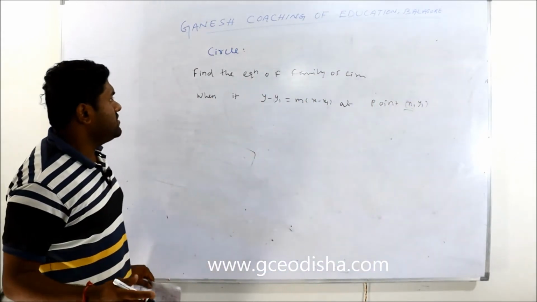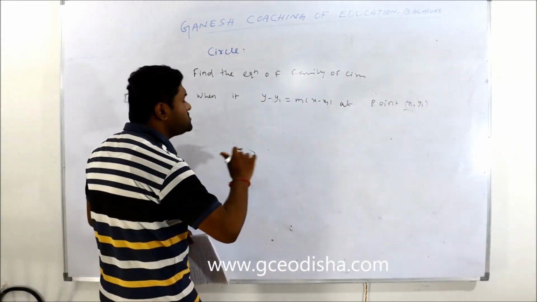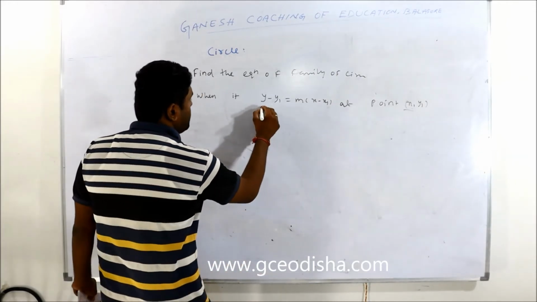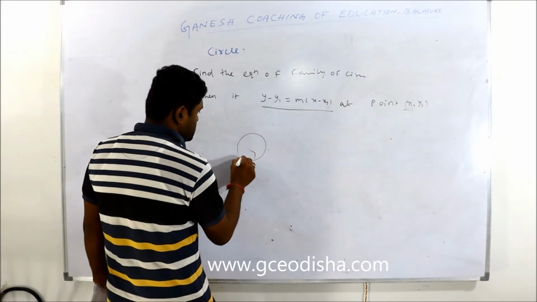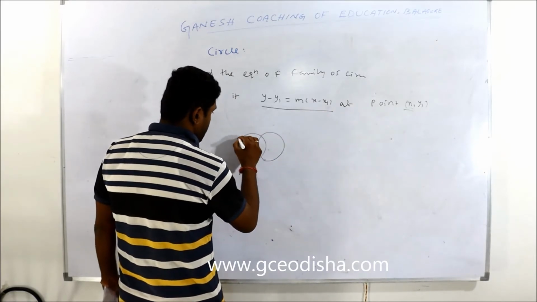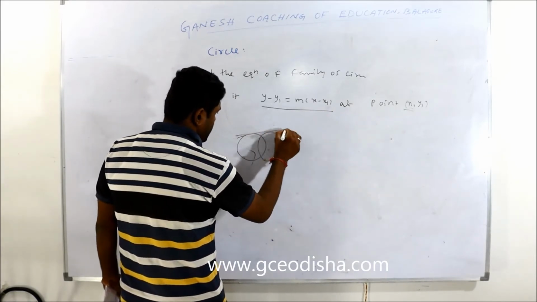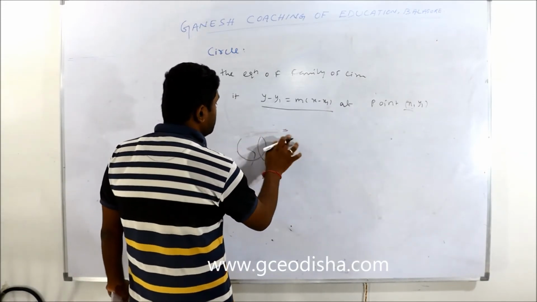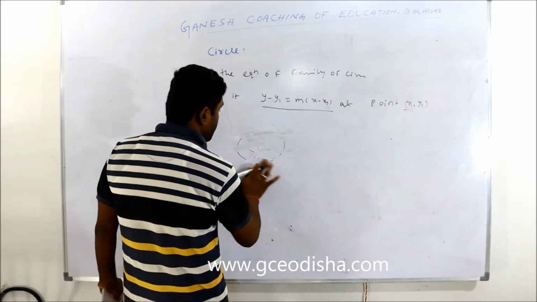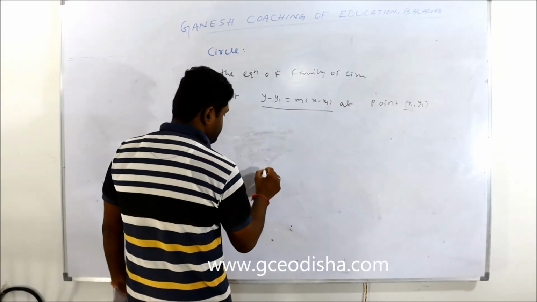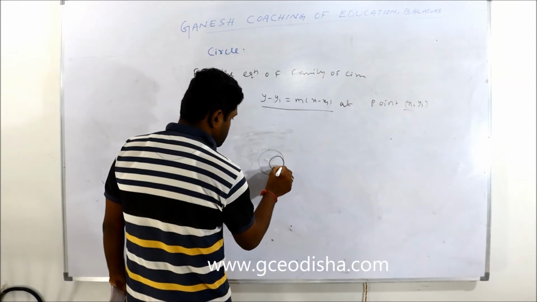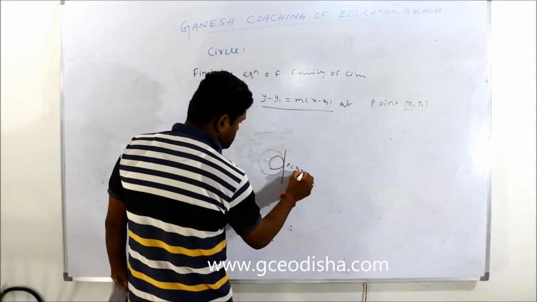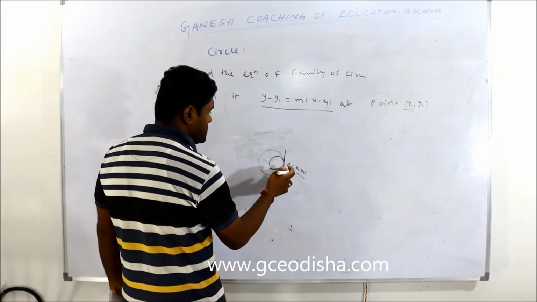Interact means either it touches or something. Okay, if it touches, like this is a circle, and this line touches it. The point P is x1, y1. Okay, another point is given x1, y1.